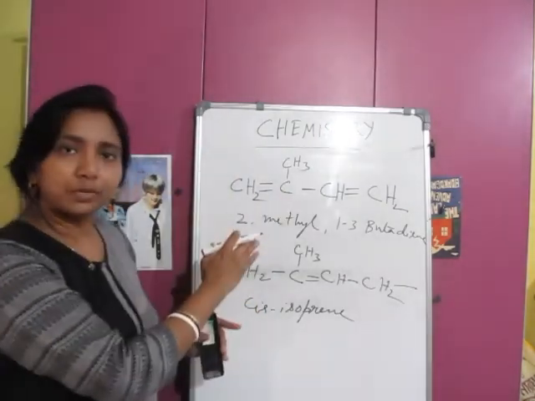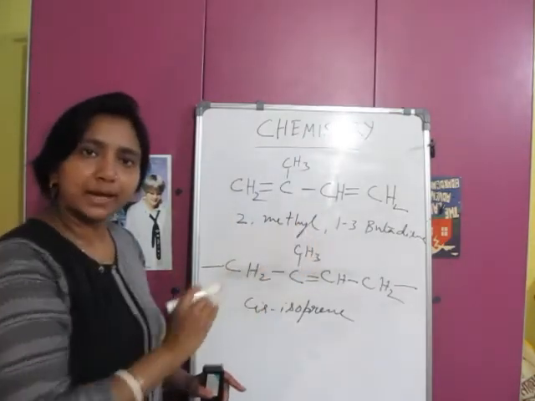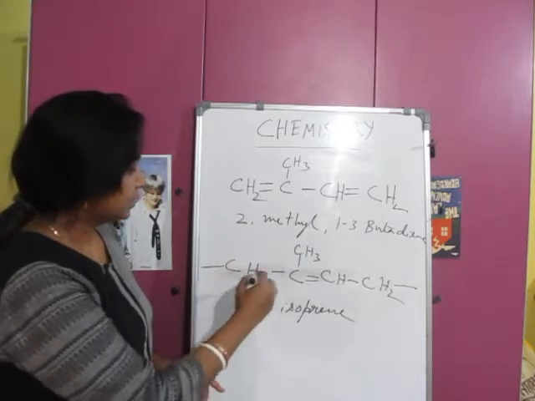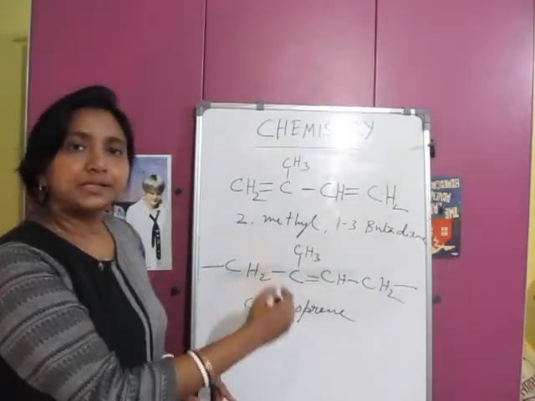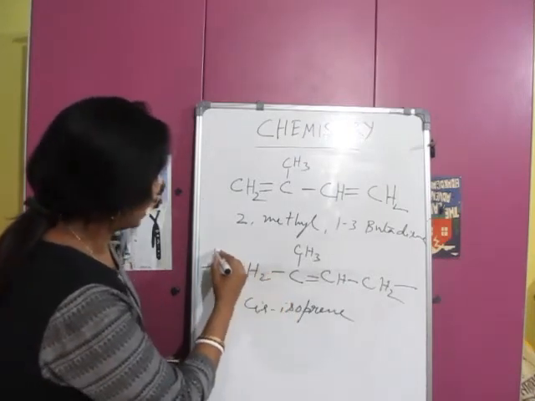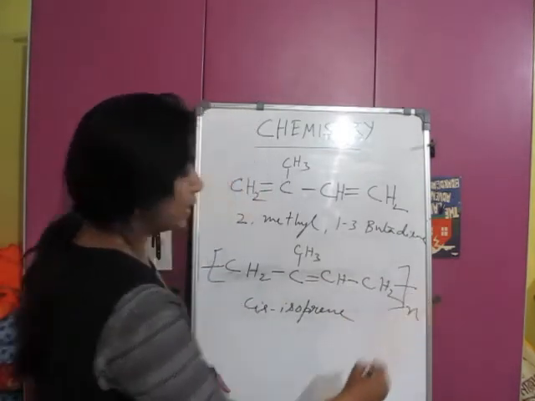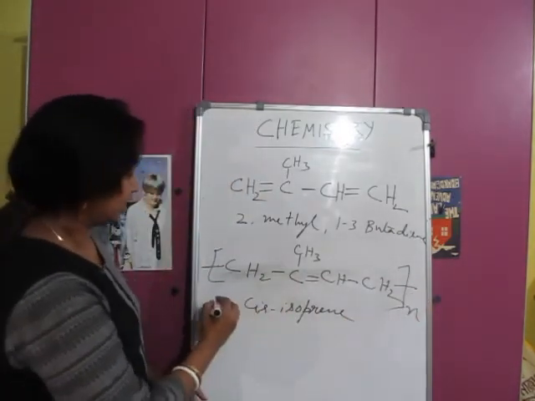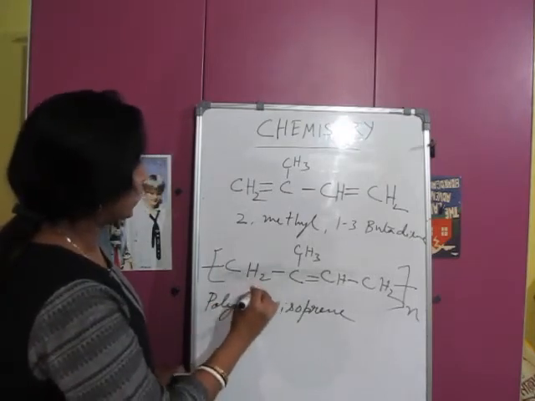Isoprene is the monomer. The IUPAC name is 2-methyl-1,3-butadiene, and the repeating unit is cis isoprene. Now this one is the polymer of cis isoprene, which is called poly-cis isoprene.